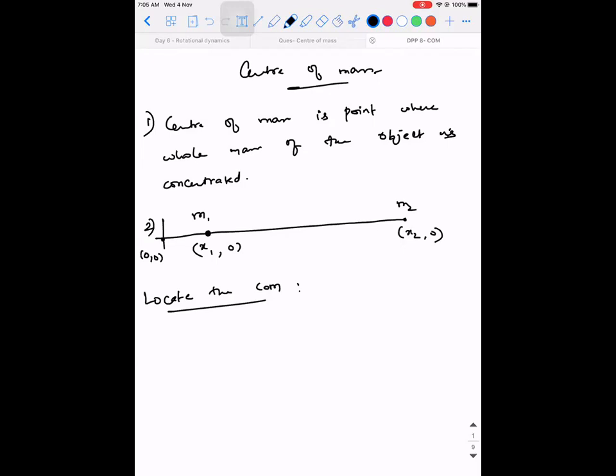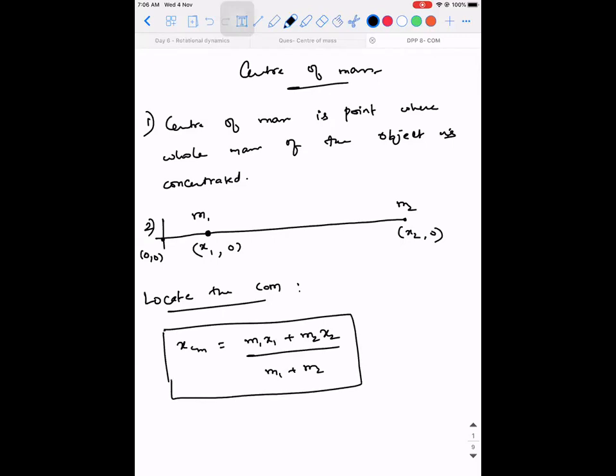What is the formula, guys? x1 plus x2 by 2. So XCM is equal to, it is not the midpoint, it is M1 x1 plus M2 x2 divided by M1 plus M2. So this is going to be the position of the center of mass.